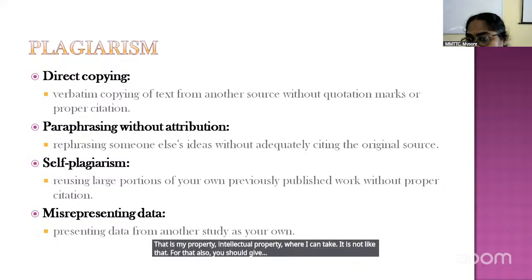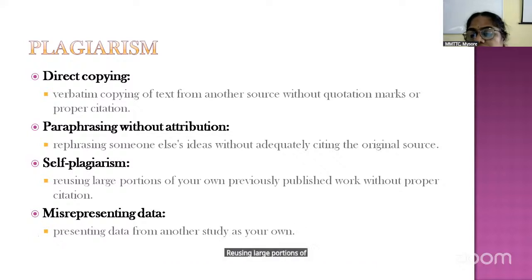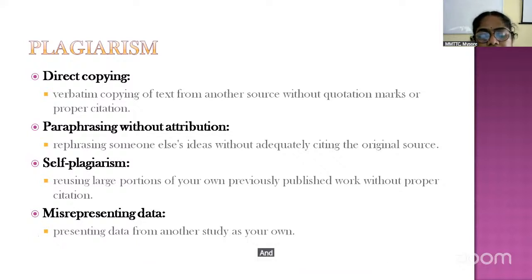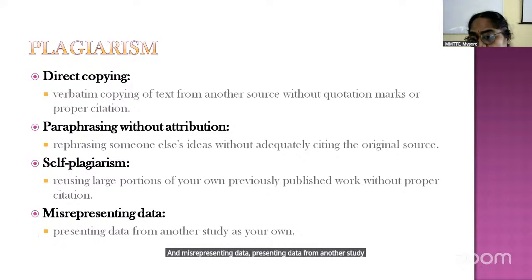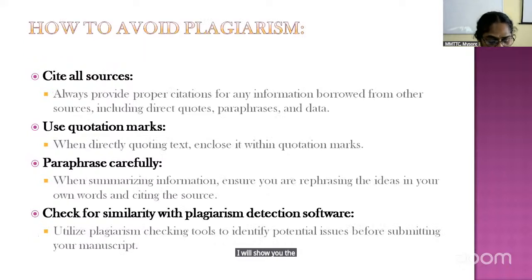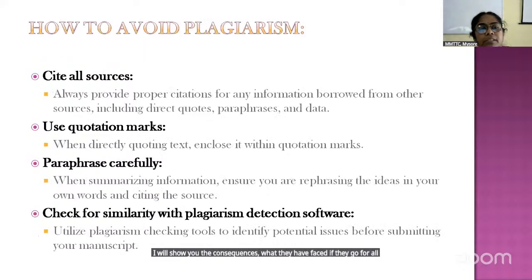You should cite. Reusing large portions of your own previously published work without proper citation is also self-plagiarism. And misrepresenting data: presenting data from another study as your own. I will show you the consequences they have faced if they go for all this.